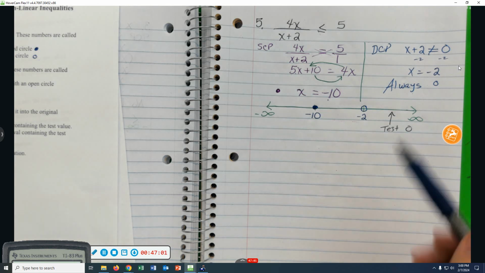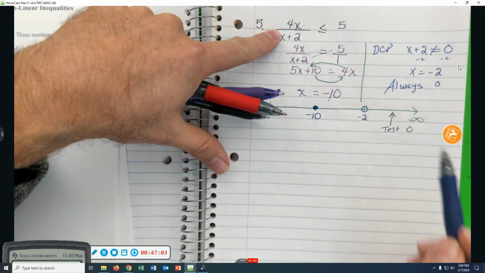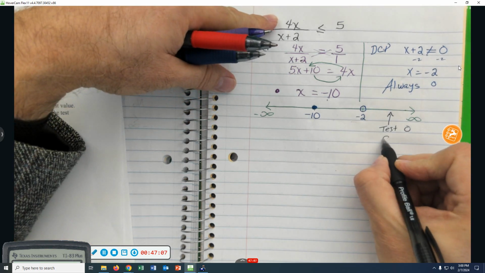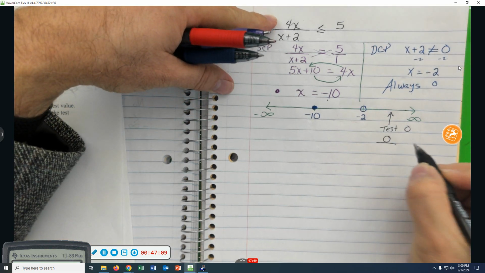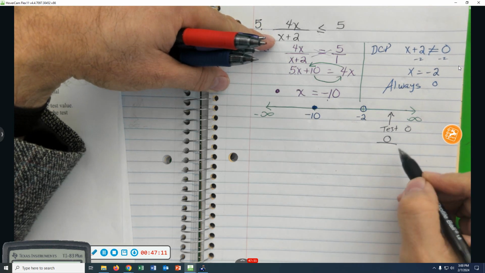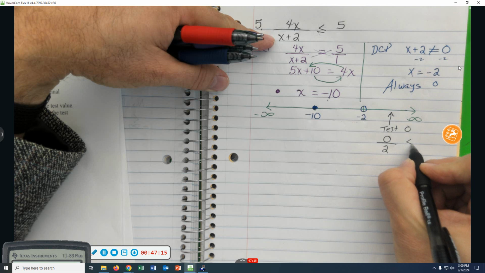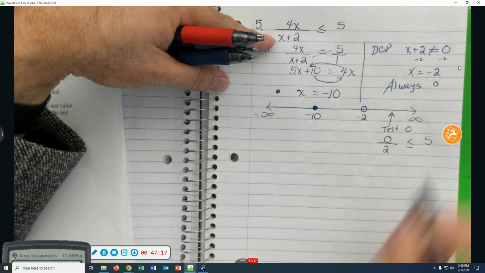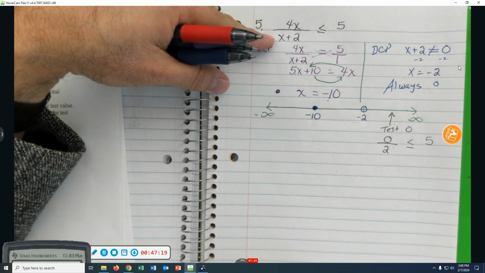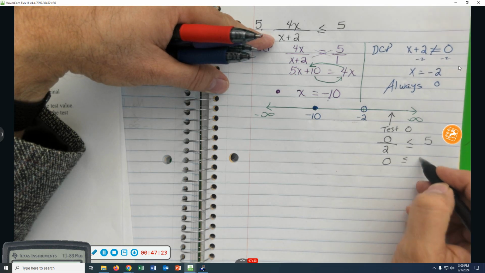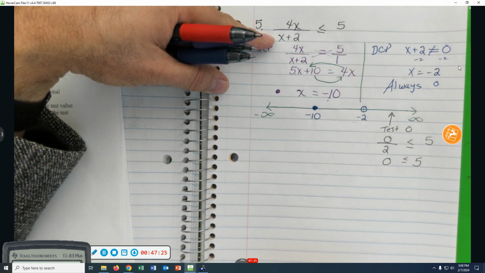So I'm going to take a 0 and plug it into the original problem. On top, we have 4 times 0. On the bottom, 0 plus 2 is less than or equal to 5. 0 is less than or equal to 5. What do y'all say?